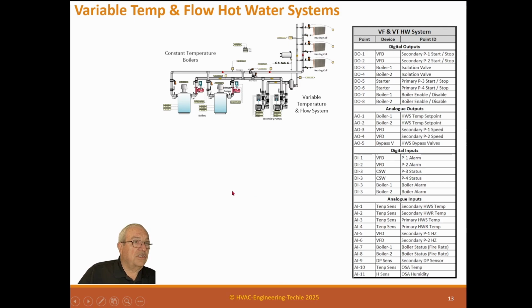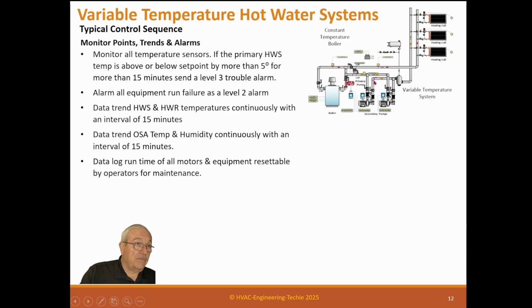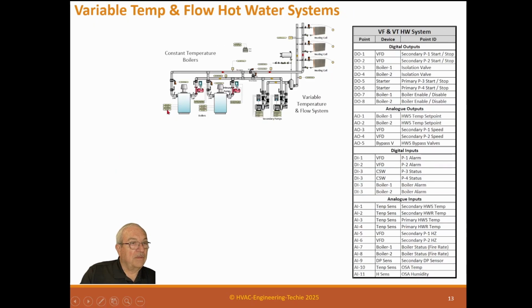All right, so this is variable temperature and variable flow. So there would be, in my opinion, this system right here, variable temperature only, I don't see a need for it because this costs almost exactly the same to build as this system. And this system has both variable flow and variable temperature to the space.